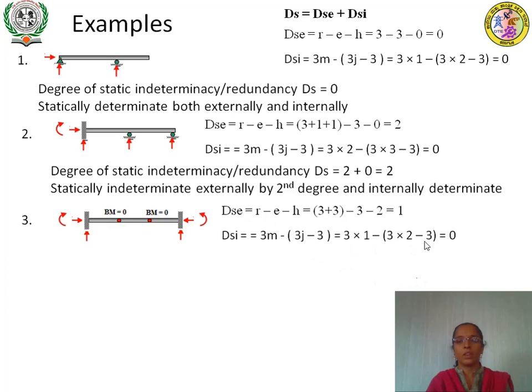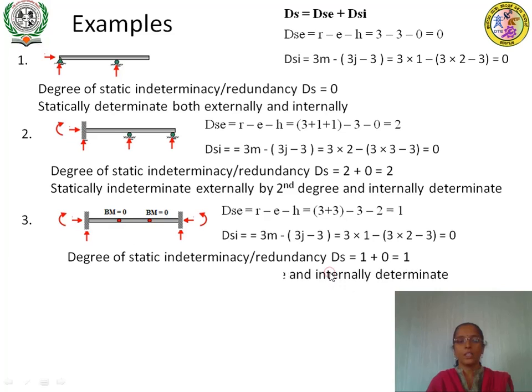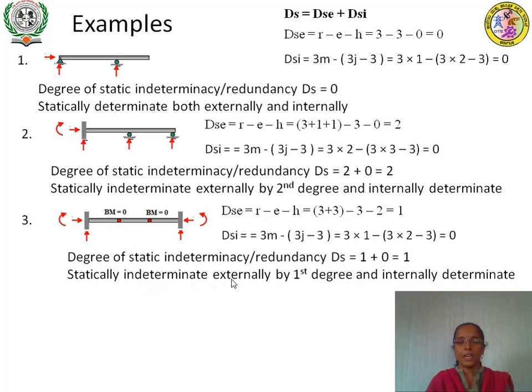If you simplify, it will be 0. Therefore the degree of static indeterminacy is 1, and we can classify it as statically indeterminate externally by first degree and internally determinate, and it is also a stable structure.